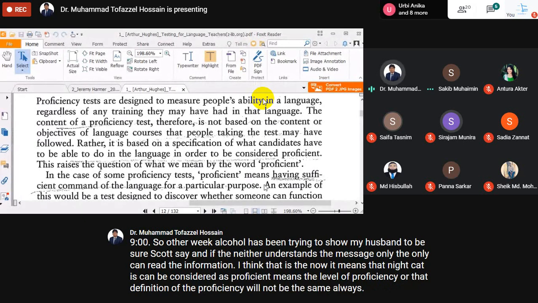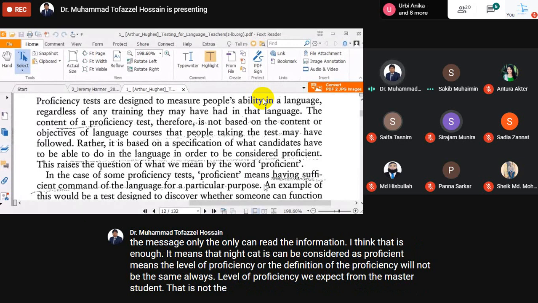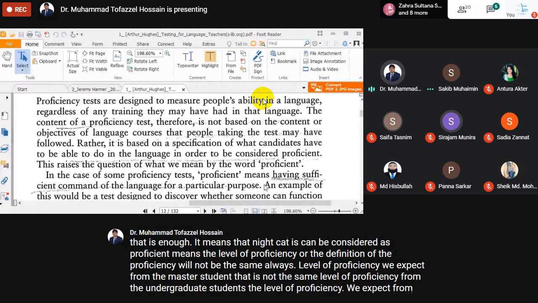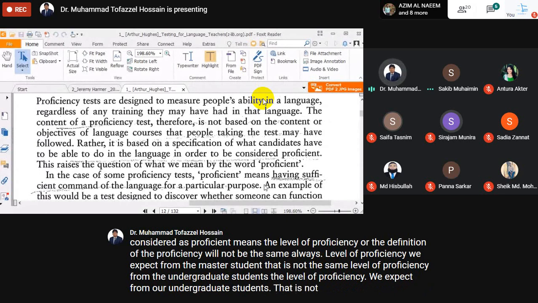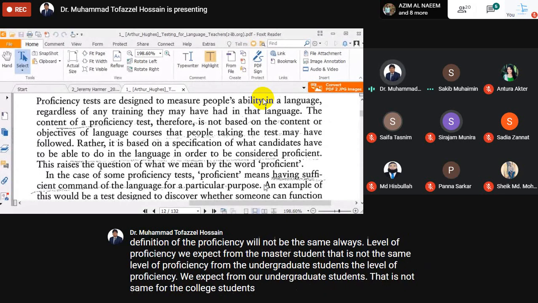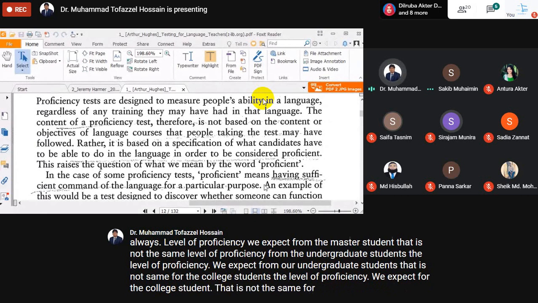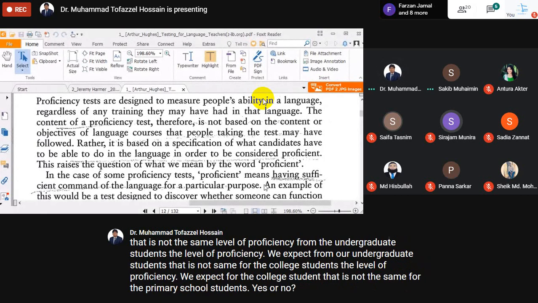The level of proficiency we expect from the master's student is not the same level of proficiency from the undergraduate students. The level of proficiency we expect from our undergraduate students is not the same for the college students. The level of proficiency we expect for the college student is not the same for the primary school student. Yes or no?